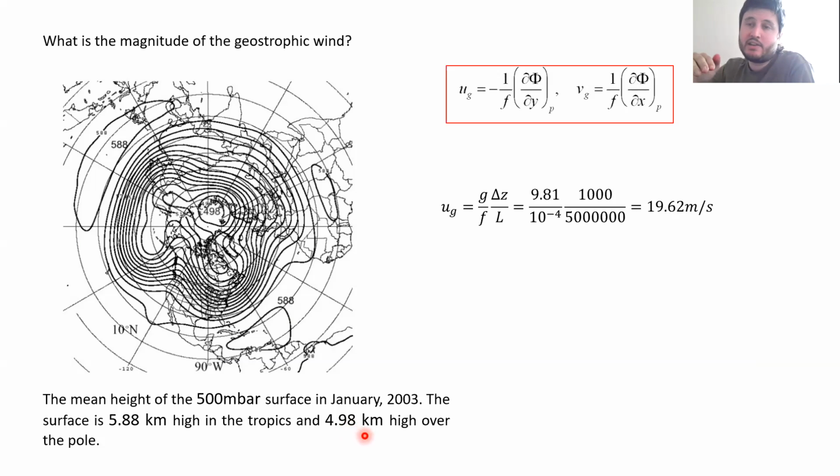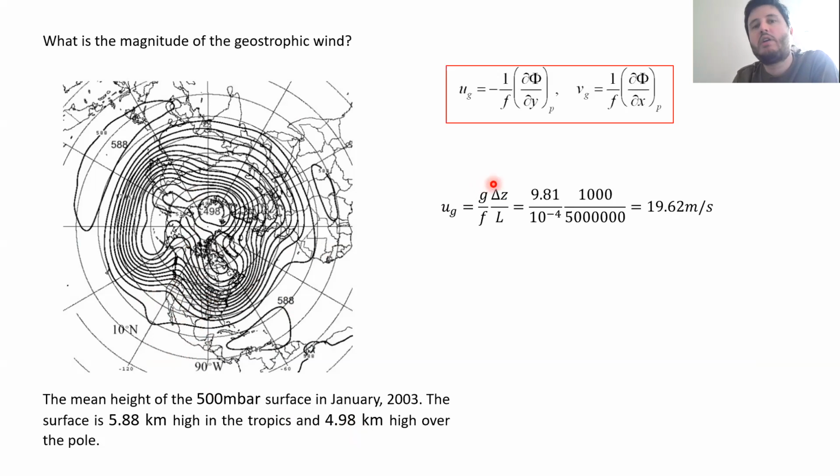So we see that there is a gradient of geopotential height. The geopotential height is sloping downwards from the tropics to the poles due to the temperature differences.